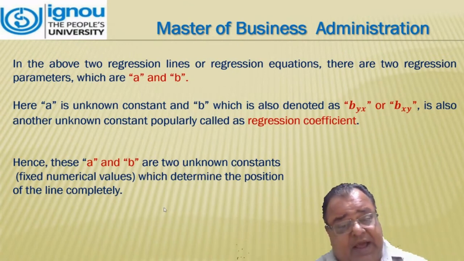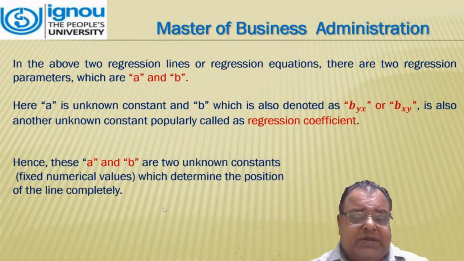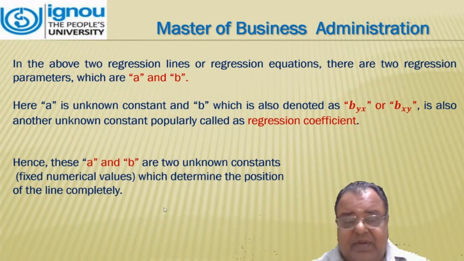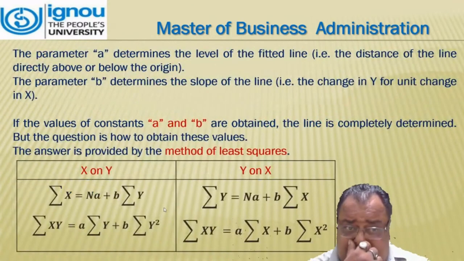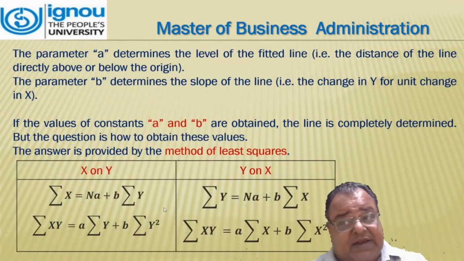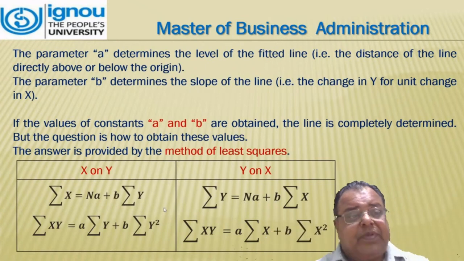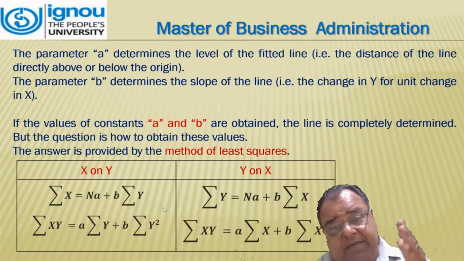Since a and b are two unknown constants, they are fixed numerical values which determine the position of the line completely. The parameter a determines the level of the fitted line, that is the distance of the line directly above or below the origin, and parameter b determines the slope.